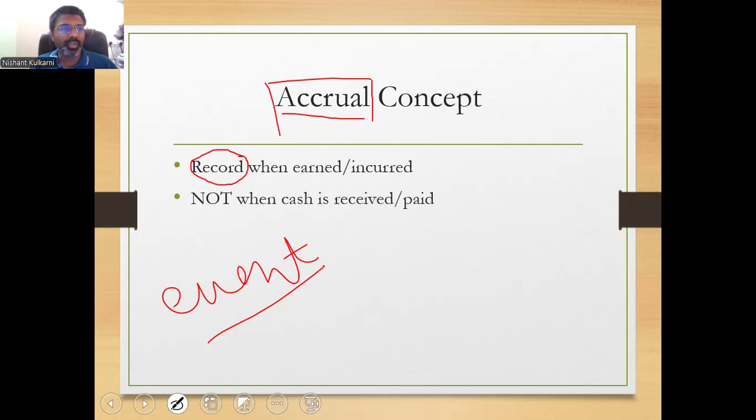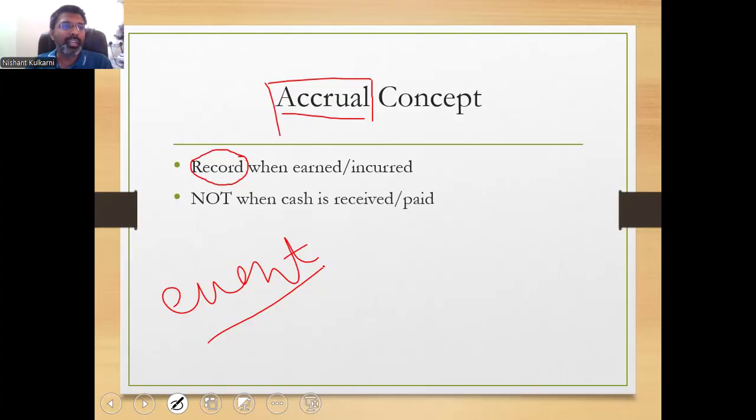He has worked from the first day of this month to the last day, for 31 days he is working in my office. Now the event of receiving services from the employee is done during the month. Now let's say I pay him salary next month on the 7th, but the expense is related to this month because his services were taken in this month.